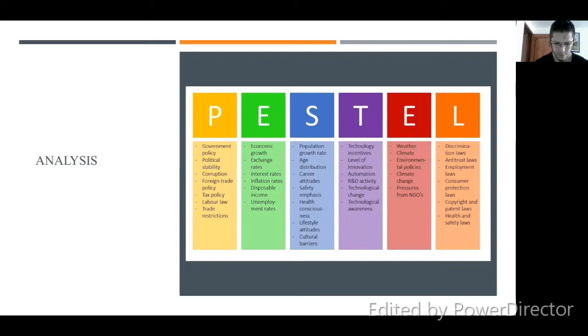And the last factors you will have to analyze using this PESTEL analysis are the legal factors. So, for example, discrimination laws, antitrust laws, employment laws, consumer protection laws, copyright and patent laws, health and safety laws.